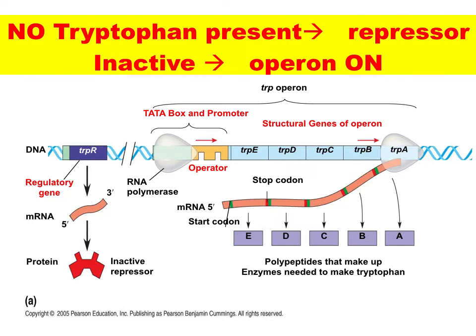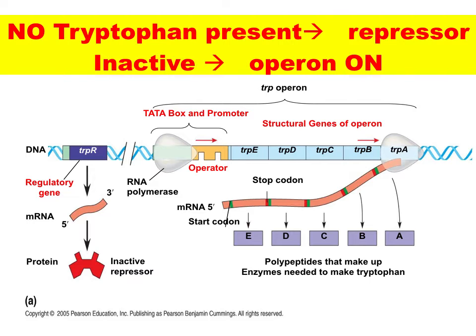The regulatory gene for this operon creates a repressor protein that has an inactive shape, which means it does not have the right shape to bind to the operator. So the repressor protein exists, but by itself, it can't do anything.